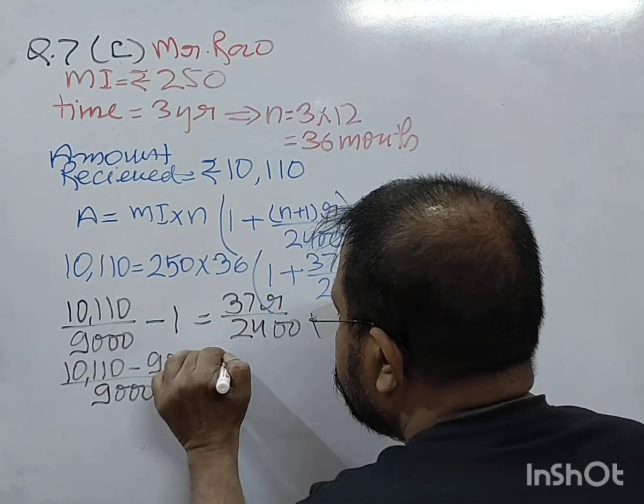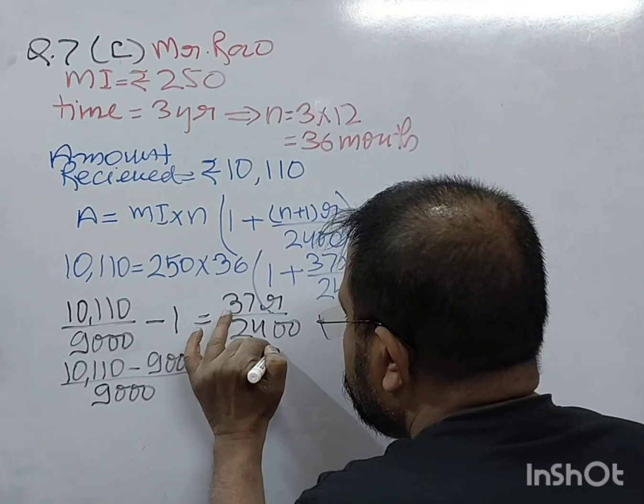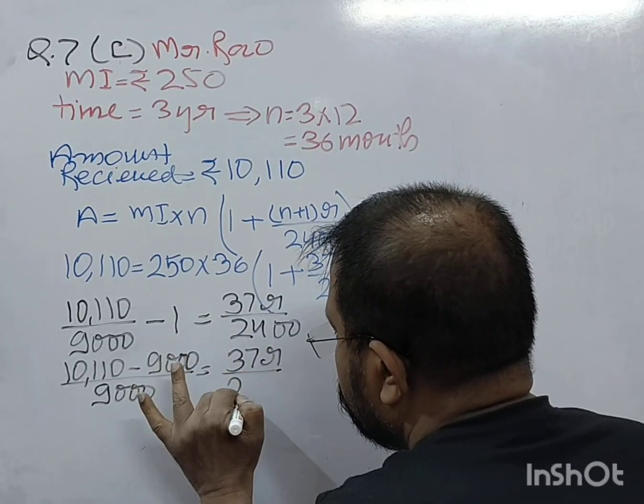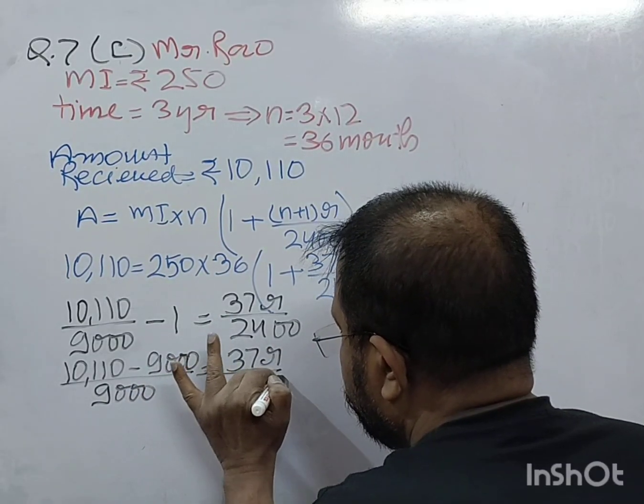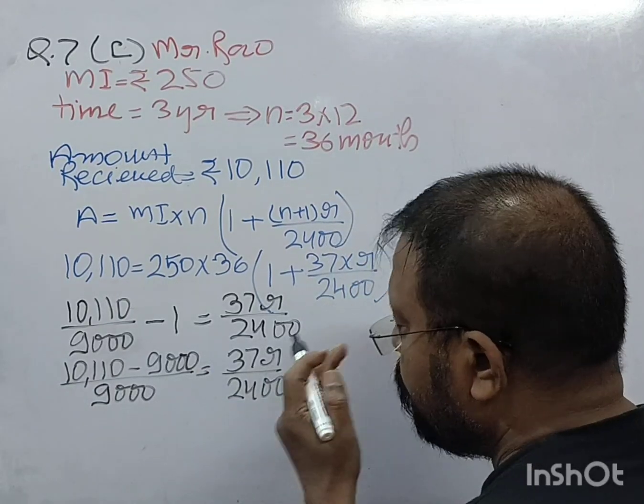Is equal to 37r upon 2,400. Right? So what you have done?